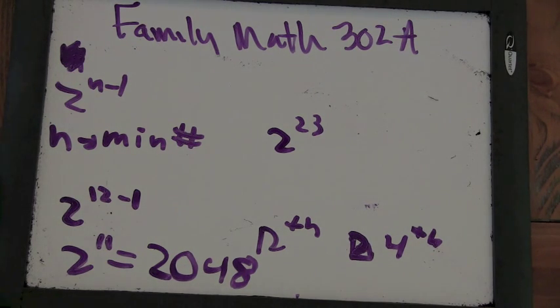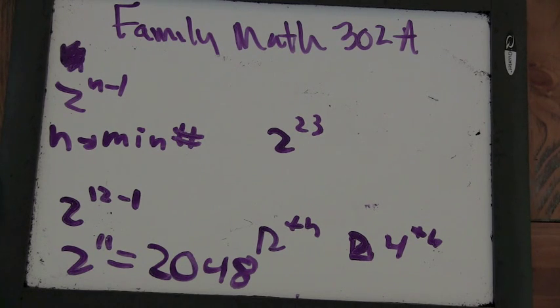Well, it's 2 to the 10th times 2 to the 10th is 2 to the 20th. So it would be around 2 to the 20th. How did you get that? What calculation did you do? Well, 2 to the 10th is around 1,000.